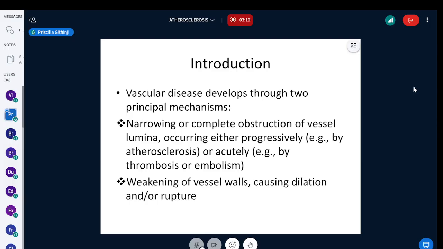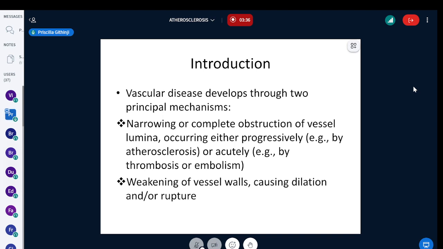This can occur progressively, over a period of years, for example atherosclerosis, which we're going to discuss, or it can occur abruptly, for example when a clot forms inside a blood vessel, either formed there or embolized, having moved from a different location.